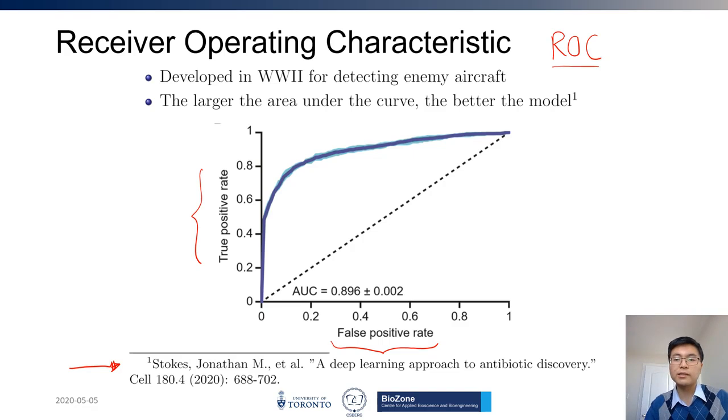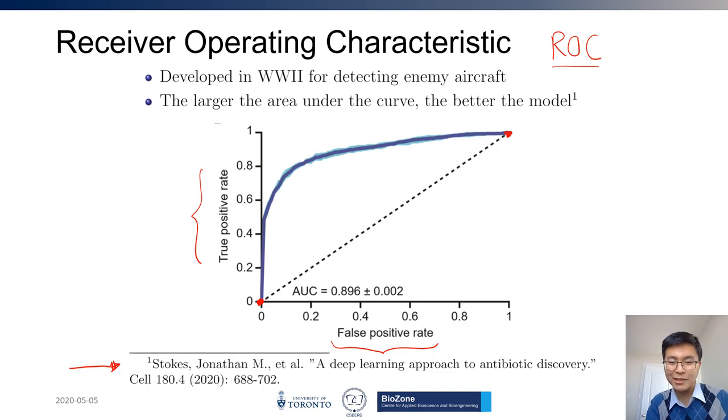antibiotics or not antibiotics. Okay, so plotting this true positive versus false positive, let's take a look at the extreme examples where we have (0, 0) and (1, 1). So at (0, 0), we have no false positives. And how can you achieve that? You just classify everything as negative, right?